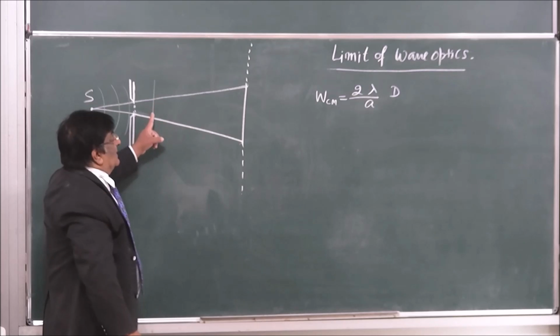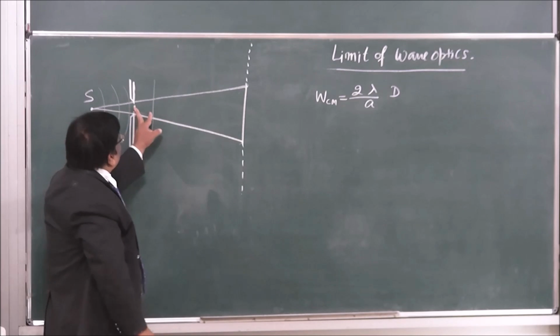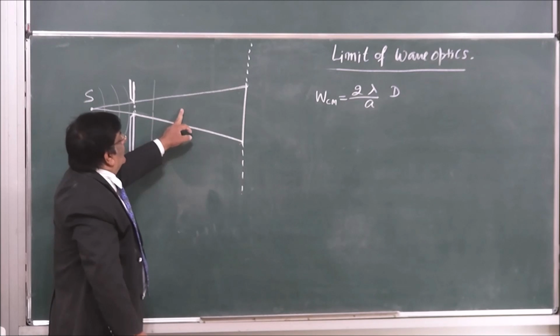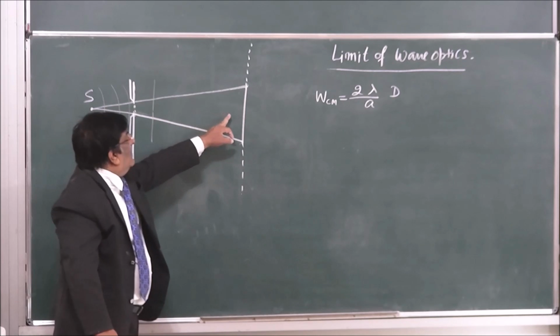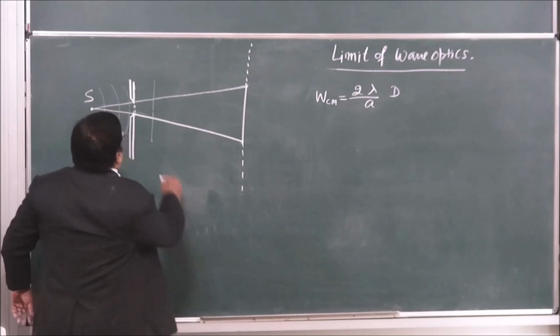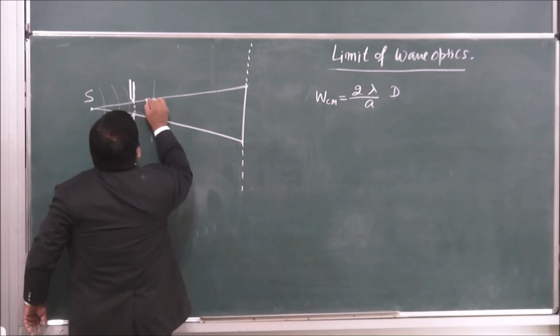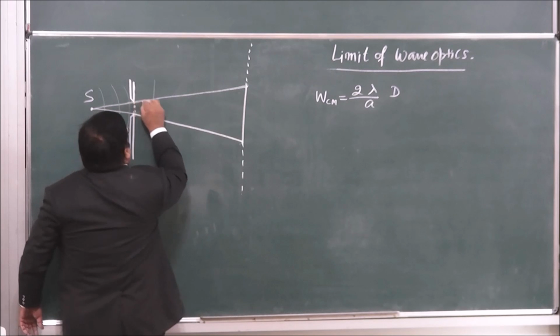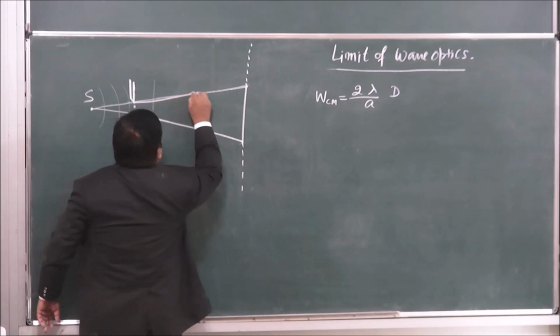I calculate it here, where capital D is small. Then again I calculate here. Again I calculate here. And I see there is a graph for D, and that graph goes this way.